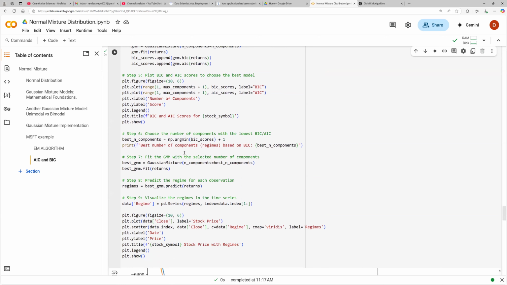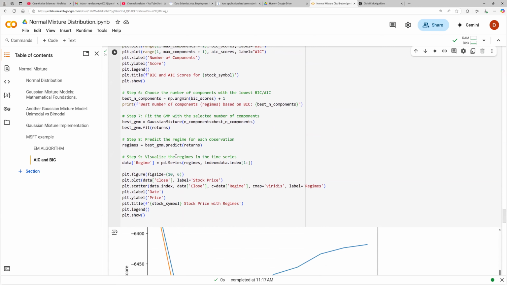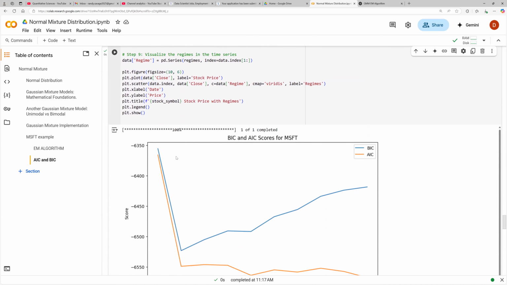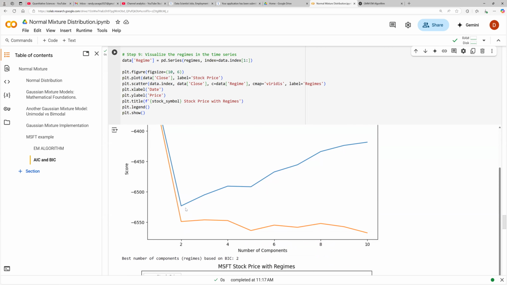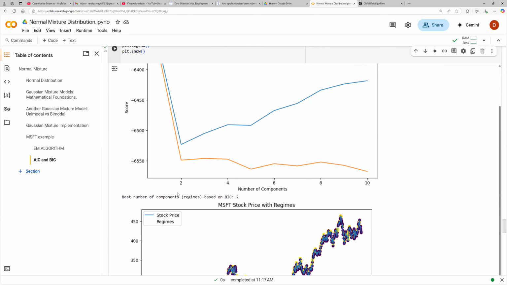We fit the GMM against the returns, predict the regime for each observation, and visualize the regimes. Here we could see that the BIC is at a minimum at 2, so that's the number of components the Gaussian Mixture Model has picked up.